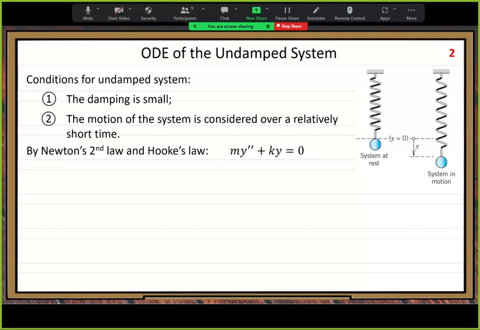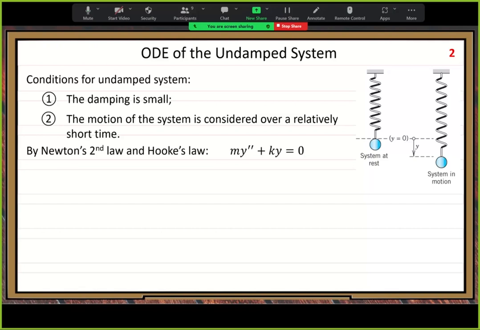Only, because by Hooke's law, the spring has a restoring force. That restoring force generates the motion, m y double prime. That's for the motion part. Mass times acceleration, that's the motion description.